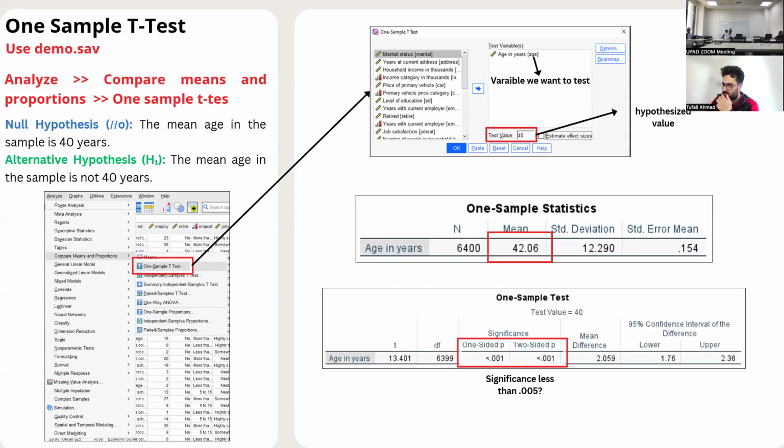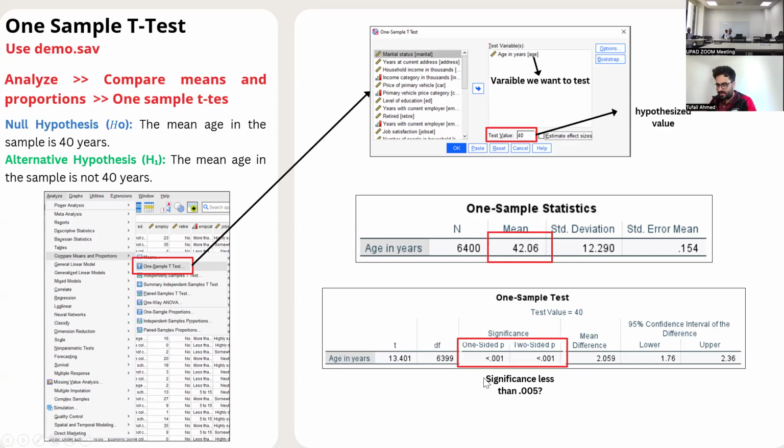And then I have to see whether the assumption I made about the data is correct or not. So we always look at the significance level. And what does the significance level mean? It means: do we have enough evidence to accept or reject our hypothesis? The hypothesis was that the mean age is 40.